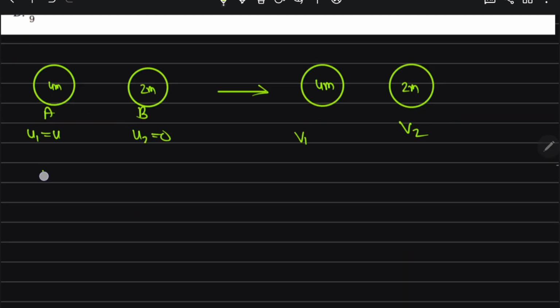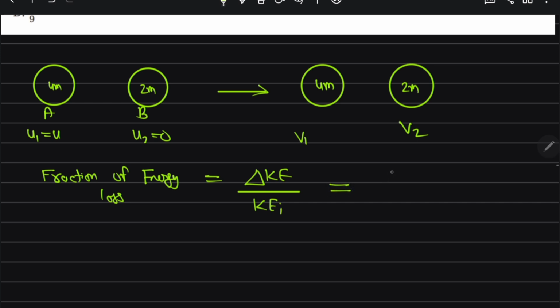So they are asking the fraction of energy lost. How do we find this? We know that change in kinetic energy divided by initial kinetic energy, and we have already found the formula: 4 times m1 m2 divided by (m1 plus m2) whole square.